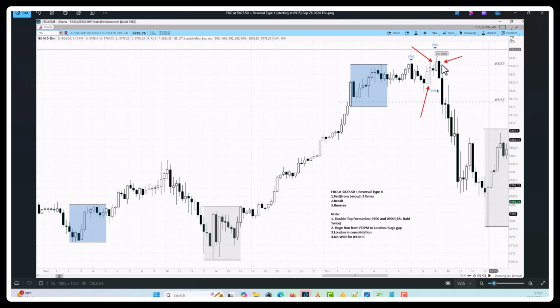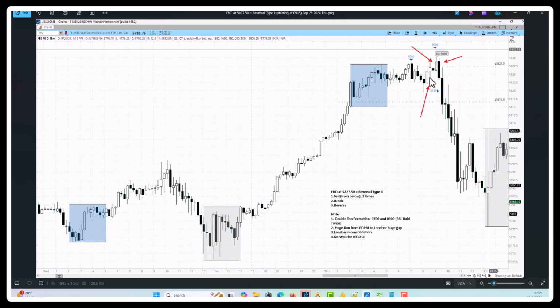Another thing is that this setup is very high quality because it's a double raid. Double top or double raid, it raided both. At 7 o'clock it raided the London high and the New York PM high, and then at 9 o'clock it raided one more time. It created the 4 breakout setup right there for us.